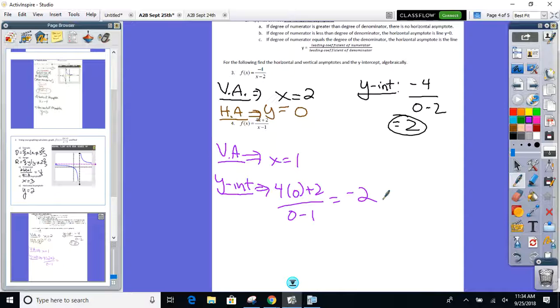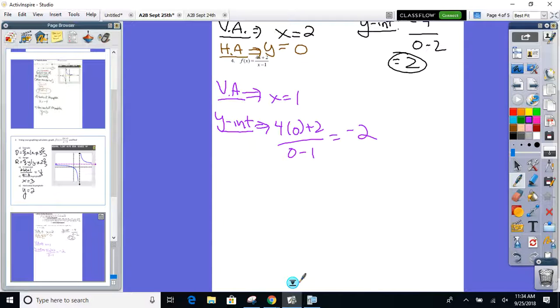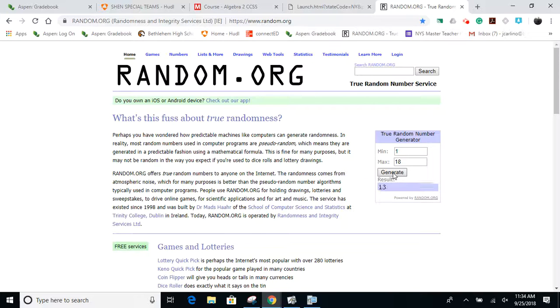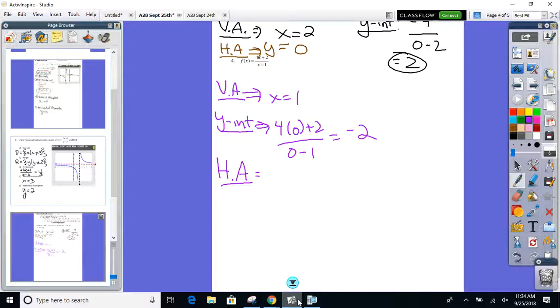And then finally, how about the horizontal asymptote? 13? Who's got 13?